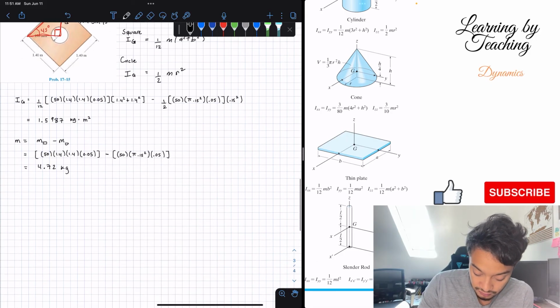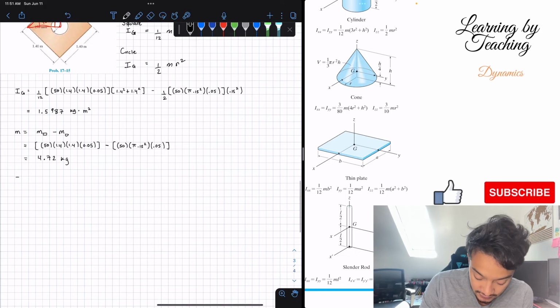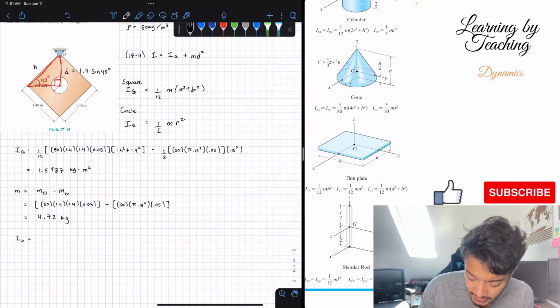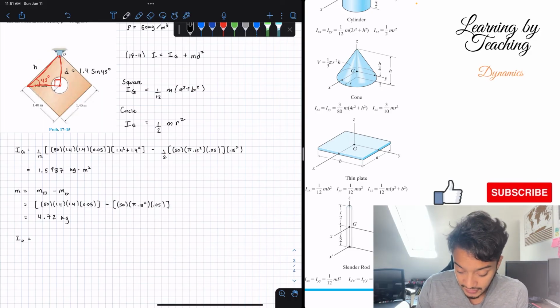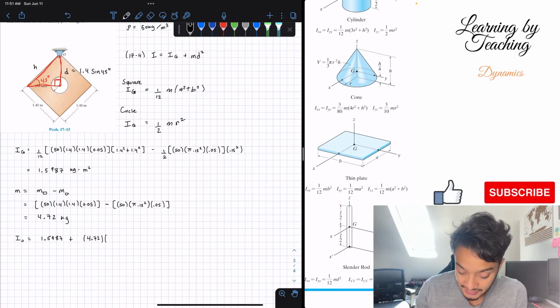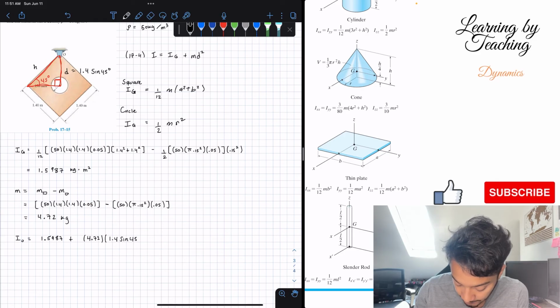Okay, so now that we know that, we're going to say the moment of inertia about my point O is going to be equal to, following this equation, the moment of inertia of my center of gravity, which we found to be 1.5987, plus the mass, which we found to be 4.72, multiplied by the distance squared, which is 1.4 sine of 45 degrees, and we're going to square all of this.